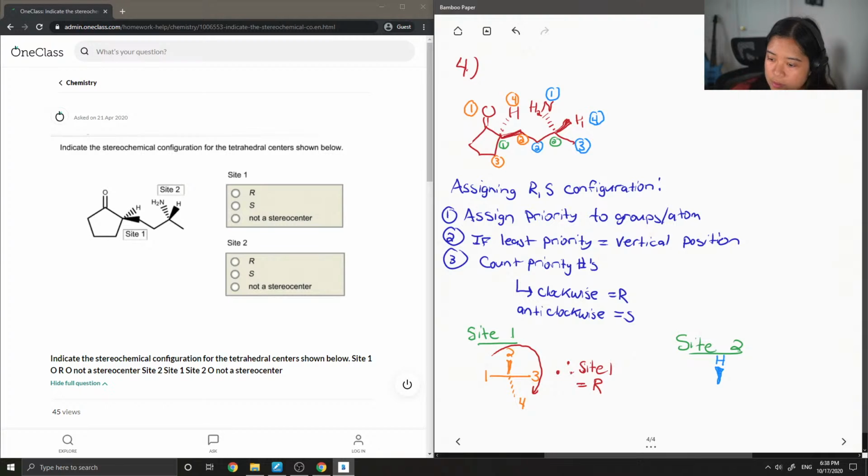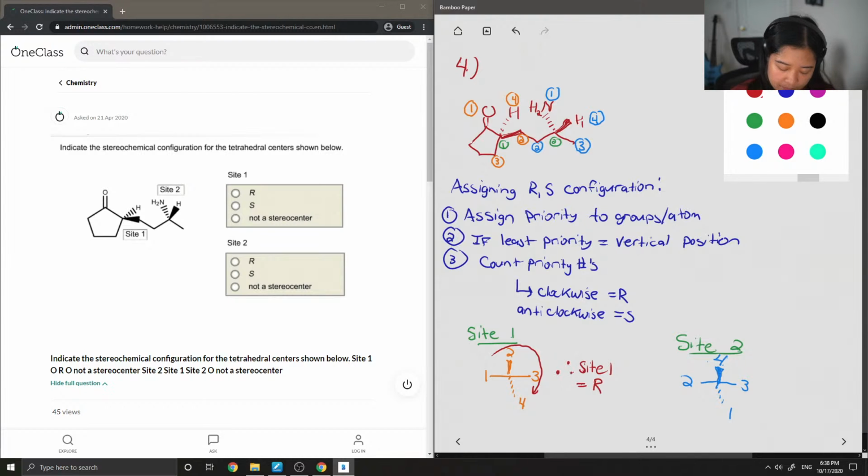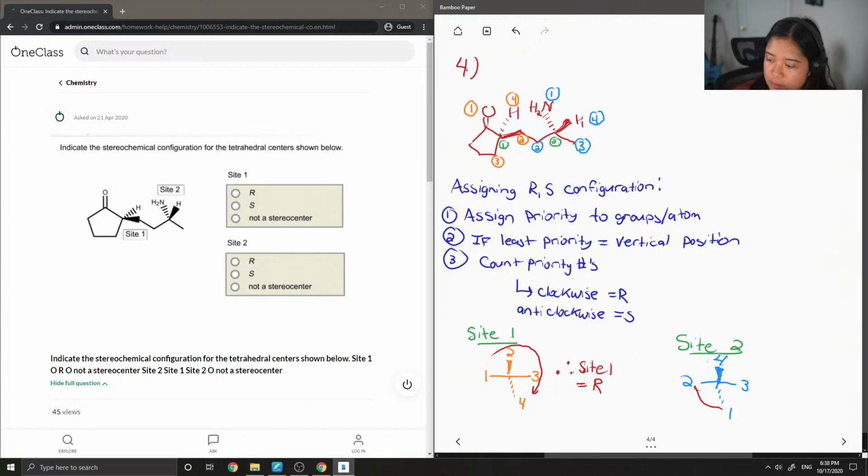So this is 4. So 3 is here this time. 1 is down there. And then 2 is there. And then if we were to number 1, 2, 3, 4, it also goes in a clockwise direction. So this is also R.